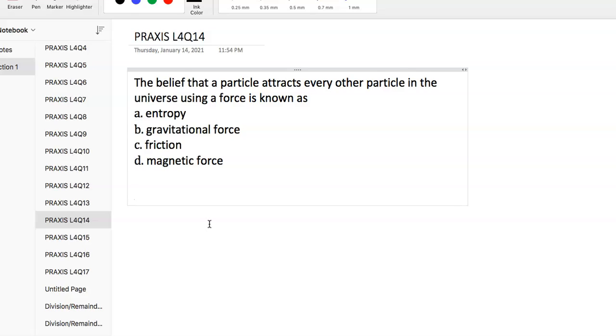The belief that a particle attracts every other particle in the universe using a force is known as gravitational force. So this relates to Newton's law of universal gravitation, or gravitational force, which states that a particle attracts every other particle in the universe using a force that is directly proportional to the product of their masses and inversely proportional to the square of the distance between them.